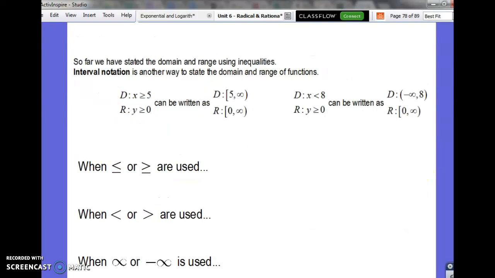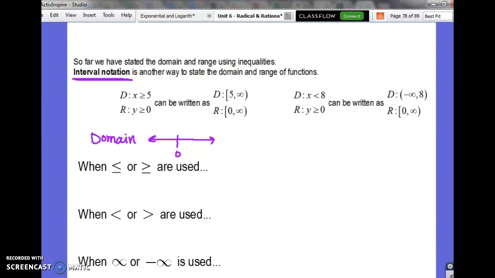Now, what we're going to talk about in this lesson is instead of using what we call inequality notation, to get you used to interval notation. And really, it's a lot easier because you don't have to worry about an inequality sign and which way it should face. So, for example, with domain, if you think about what we did on a number line, our x value started at 0.